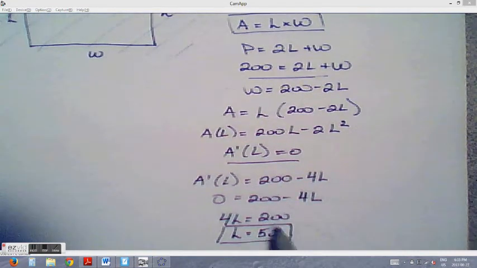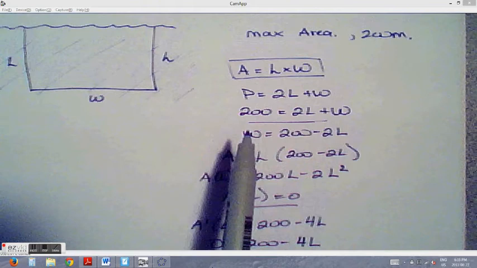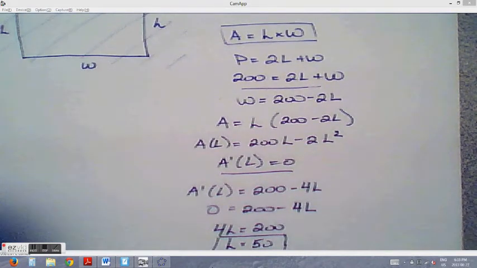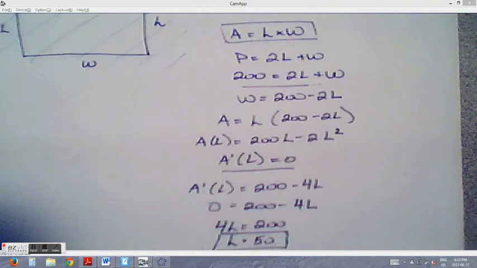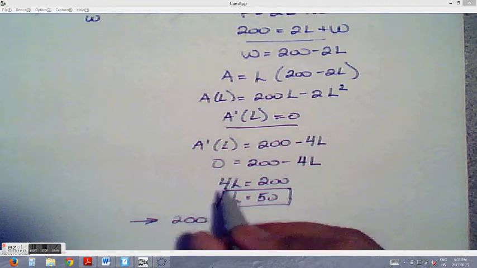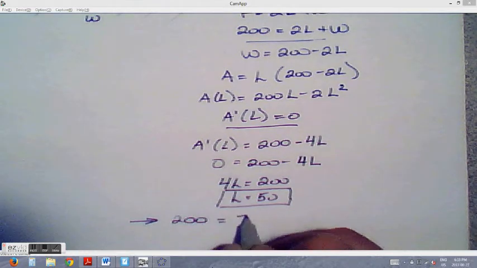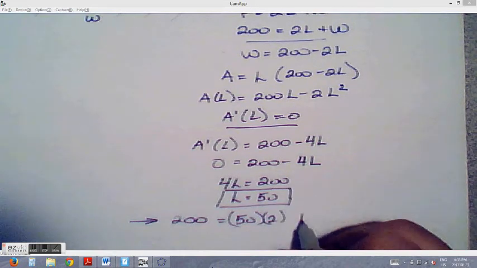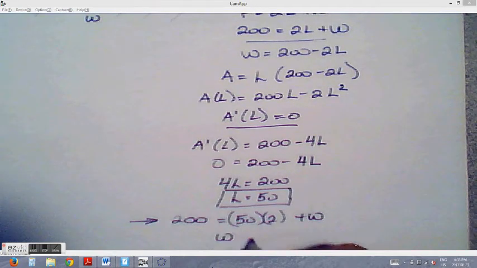So I can take that length and sub it right back into my perimeter equation. I have 200 is equal to 50 times 2 plus width. So then my width is equal to 100.